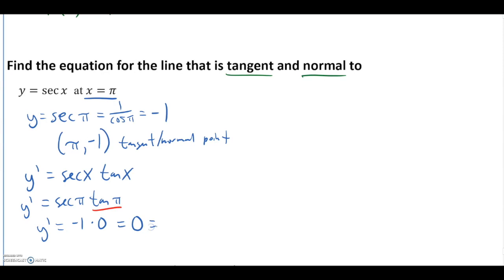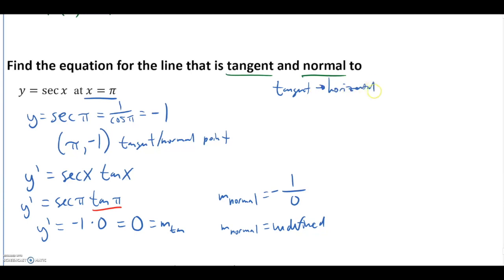And remember, since that is the derivative value, that is the slope of the tangent. Slope of the normal is going to be the negative of 1 over that value, which will be undefined. So the situation we are working with is one where the tangent having a slope of 0 is going to be horizontal, and its perpendicular, the normal line, will be a vertical line.